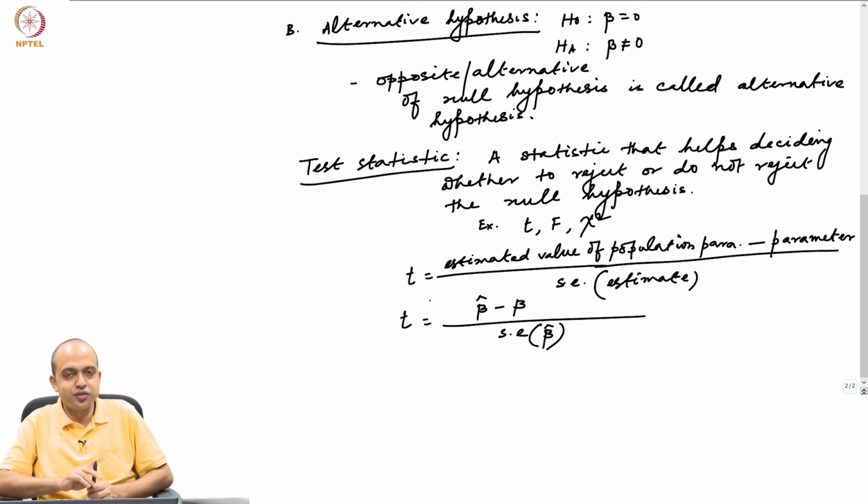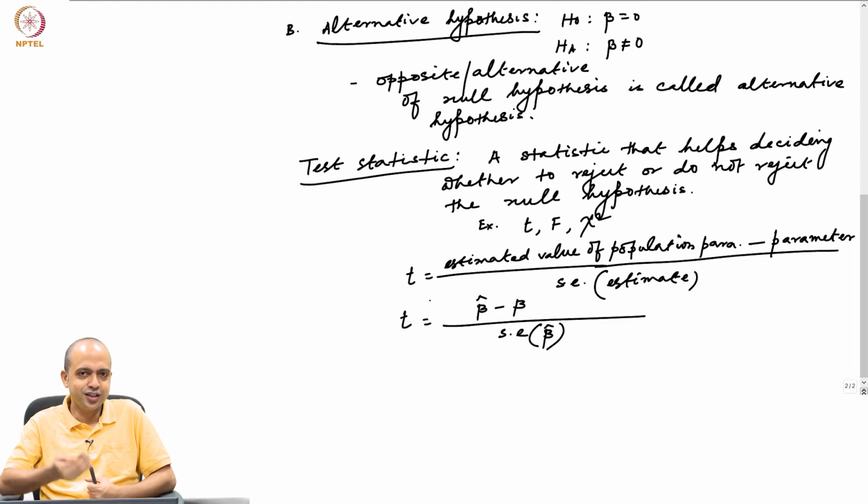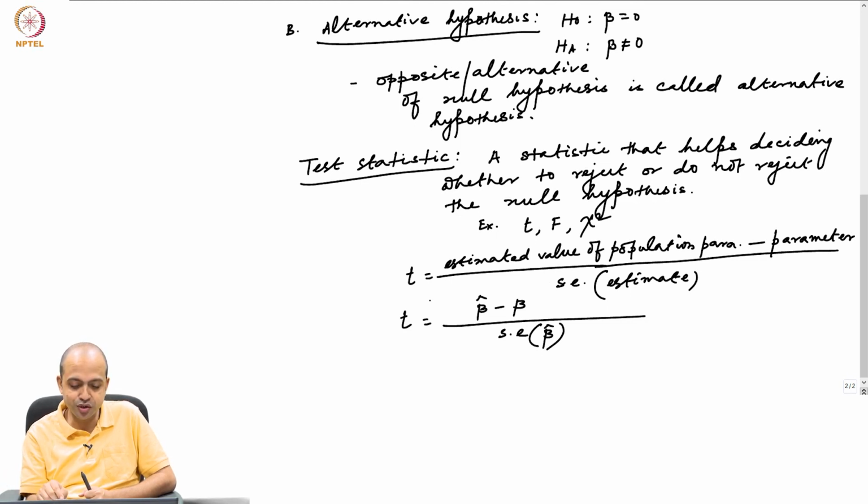Now, from this definition of the test statistic, we can understand the alternative definition of the null hypothesis also. What is the null hypothesis? The alternative definition says that there is no difference between the sample statistic and the population parameter. Here, the numerator is the estimated value of the population parameter, which is the sample statistic beta hat, minus the population parameter beta.